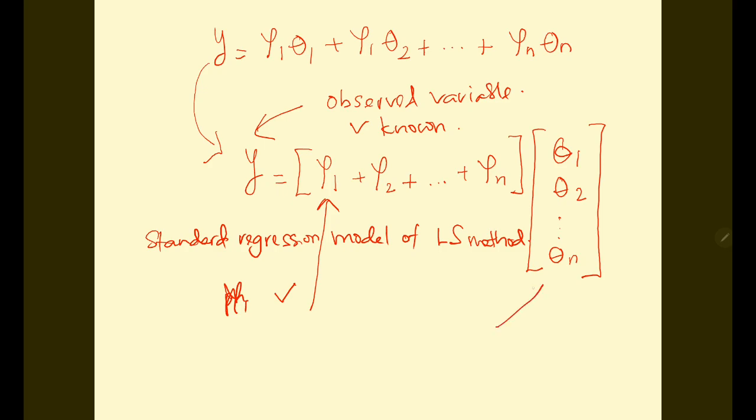And theta here is the unknown parameter vector. We will use the least square method to estimate the value of theta.